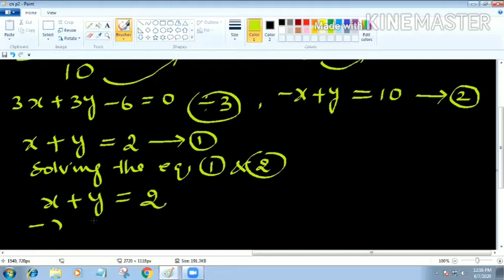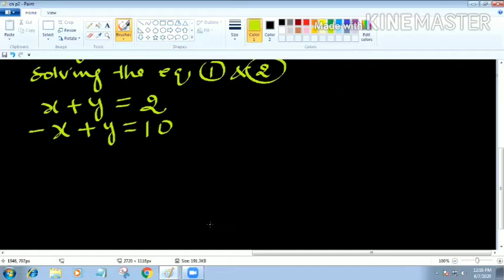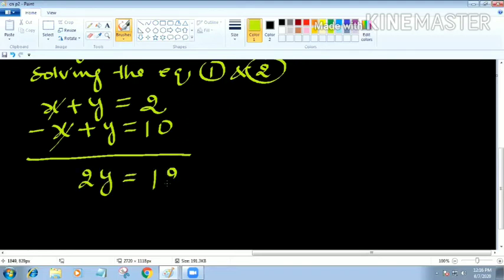Second equation, minus x plus y is equal to 10. Minus x plus x will get cancelled. y plus y, 2y, 10 plus 2 is 12. So y is equal to 12 by 2, that is equal to 6.